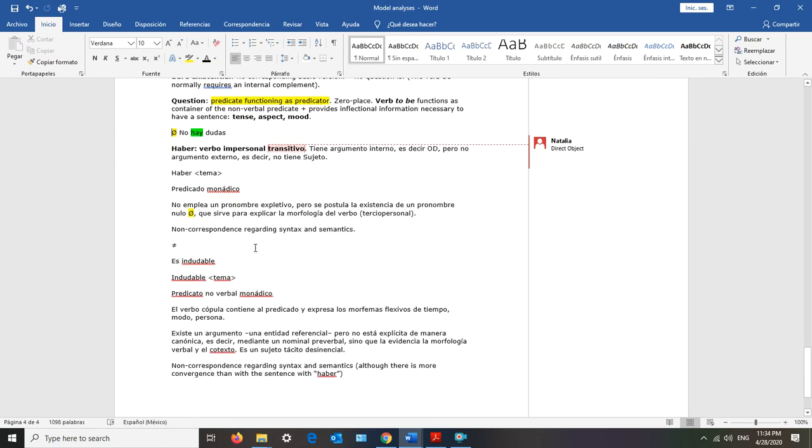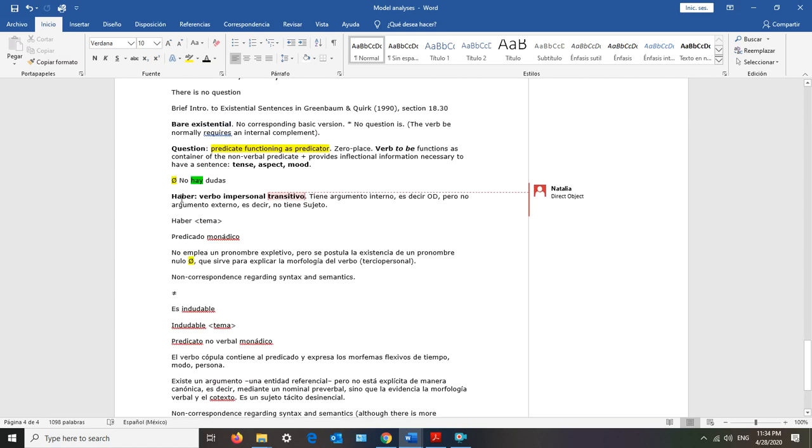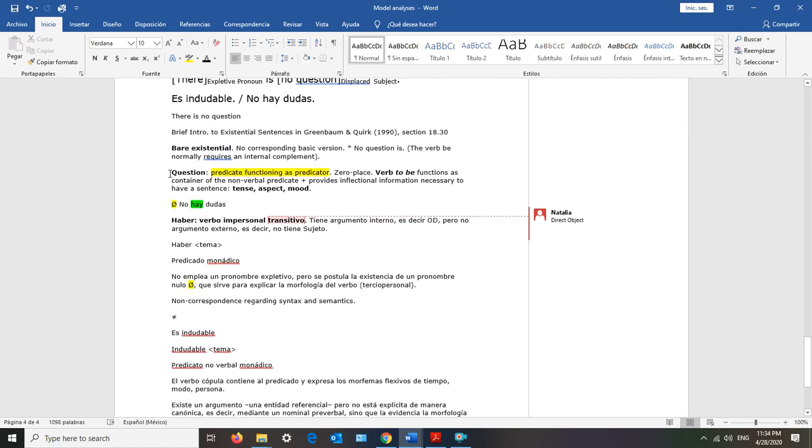So there's non-correspondence regarding syntax, right? Because we have no counterpart to this unstressed expletive pronoun in Spanish.